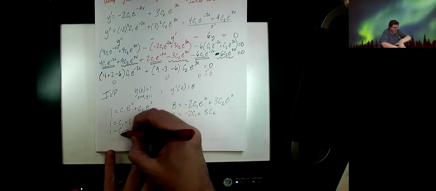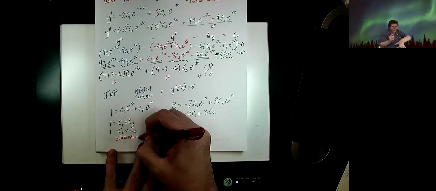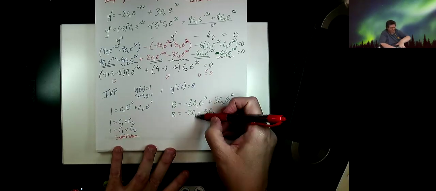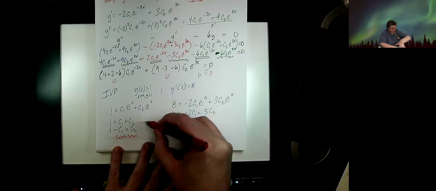So as an option, you can do substitution. I actually like substitution the least. I think with this having a -2, we can also use the addition or elimination method.